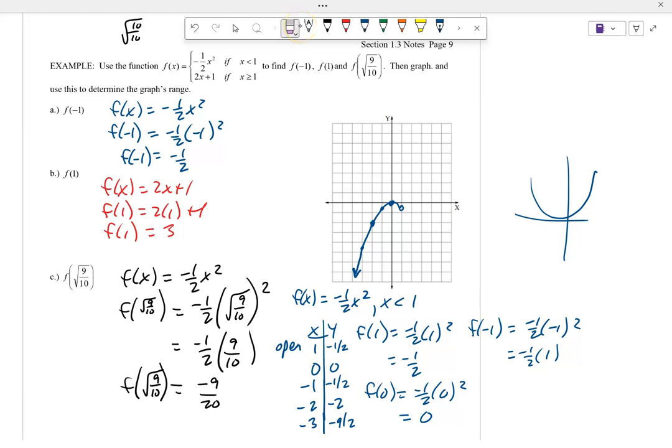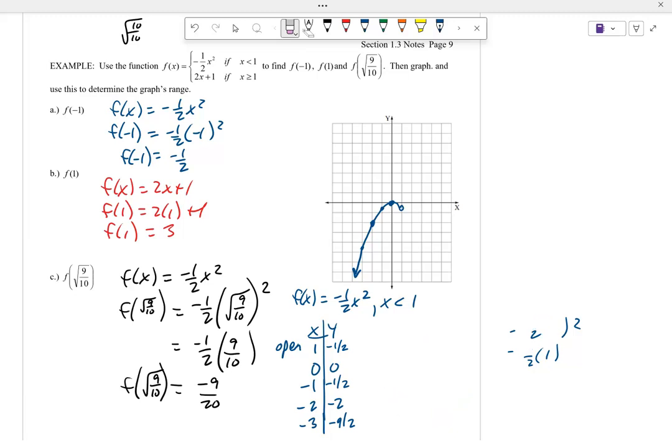So now I'm going to erase all this, and I'm going to do it for my other part of this. Let's do this in black. F of x equals 2x plus 1. So I got the line whenever x is greater than or equal to 1. So I can include 1 this time. So I'm going to close it, or make it a filled in hole there, but pick values bigger than 1.